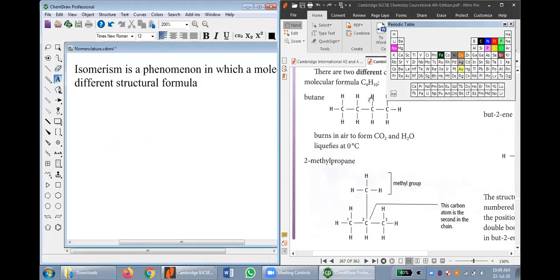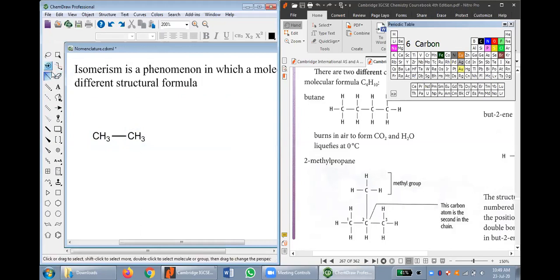You can simply pick up one carbon atom, keep connecting it to another, and another.